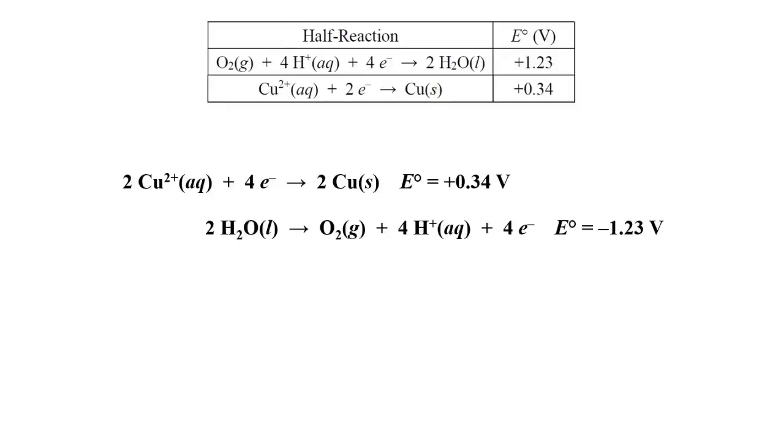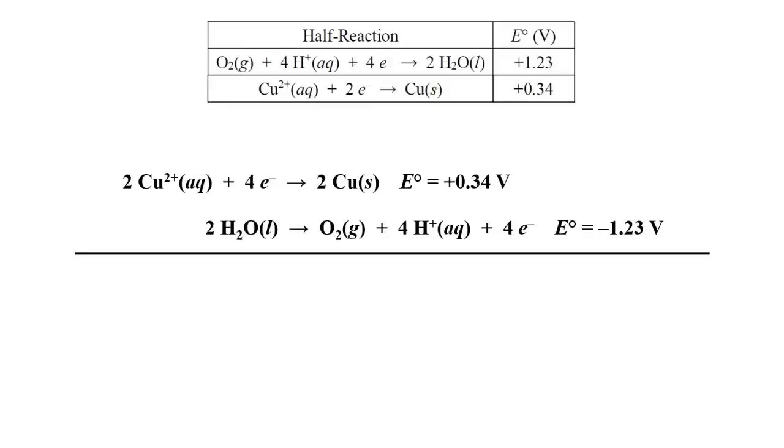So look at that new manipulated half reaction. Now the coefficients are 2, 4, and 2, but you'll notice that the cell potential remains at positive 0.34 volts. So even though we multiplied each and every coefficient of that half reaction by 2, we did not multiply the cell potential or the voltage by the number 2.